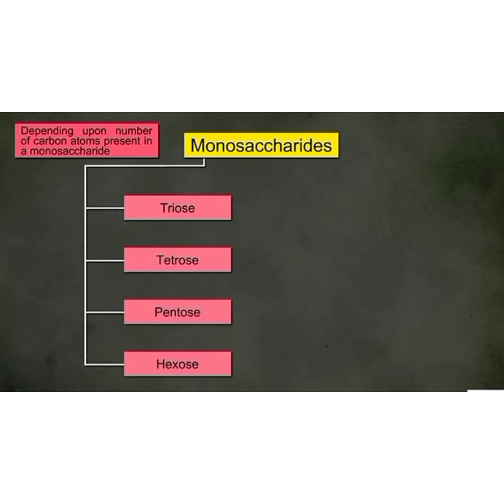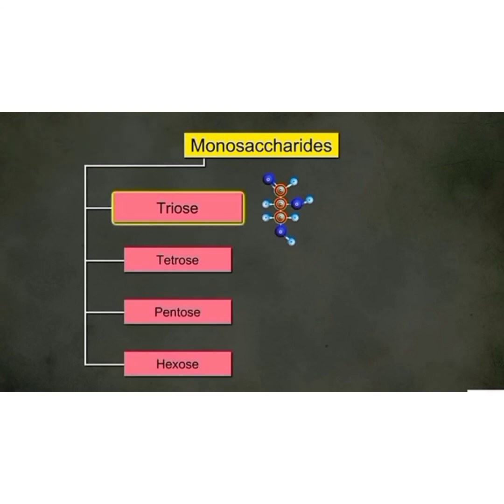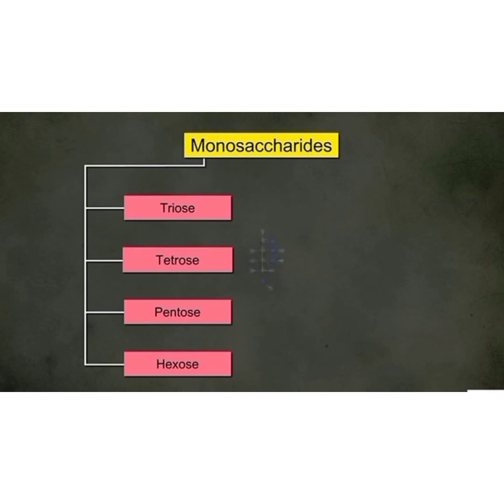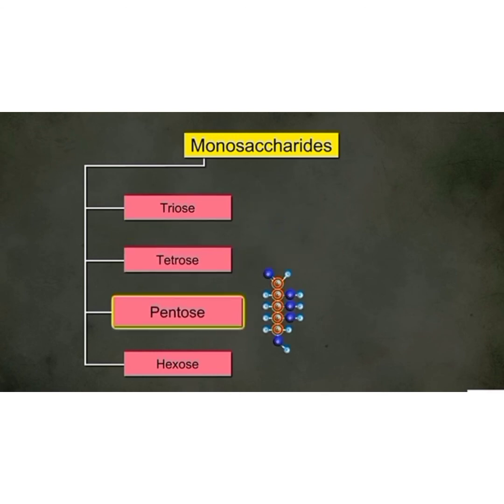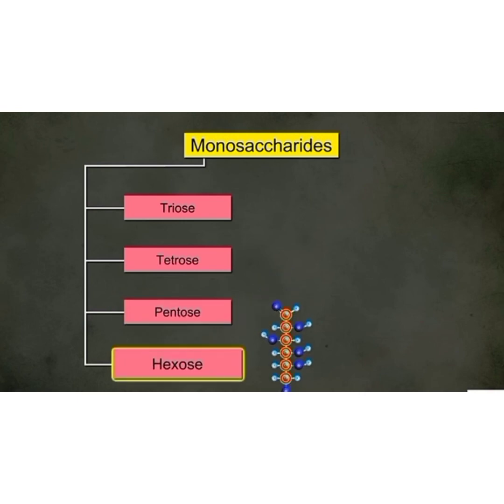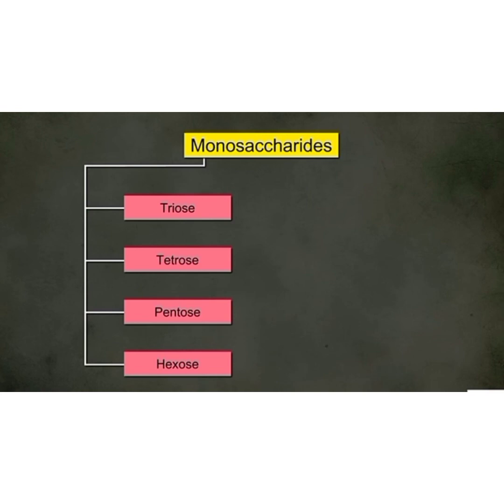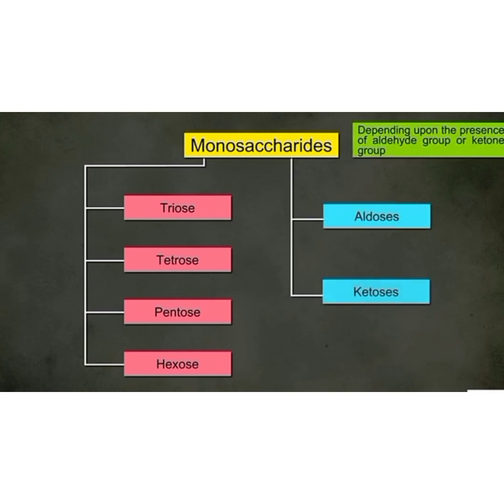Monosaccharides can be further classified depending upon the number of carbon atoms present in a monosaccharide. A triose has 3 carbon atoms, a tetrose has 4 carbon atoms, a pentose has 5 carbon atoms, a hexose has 6 carbon atoms, and so on. Other than this, monosaccharides can also be classified based on whether they contain an aldehyde group or a ketone group.